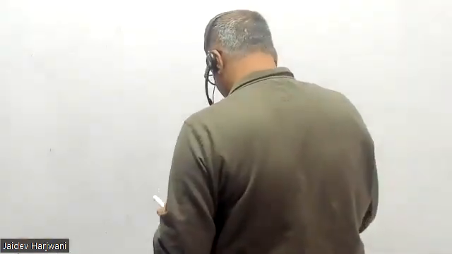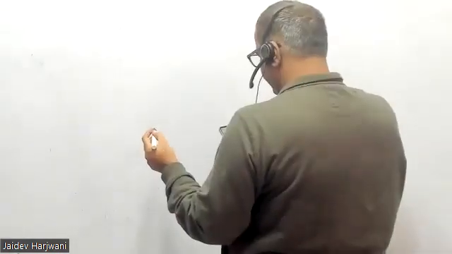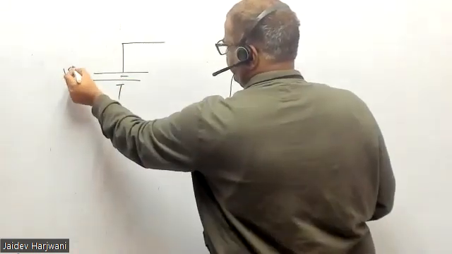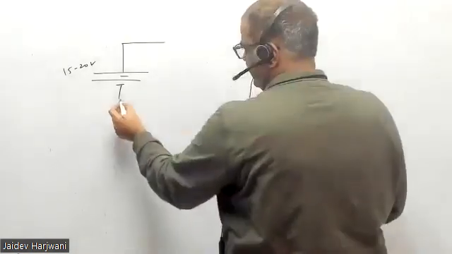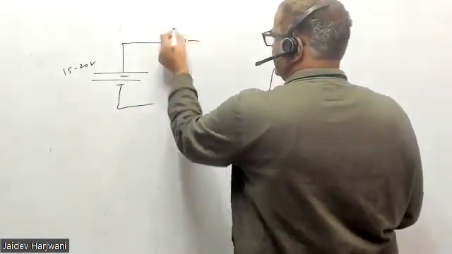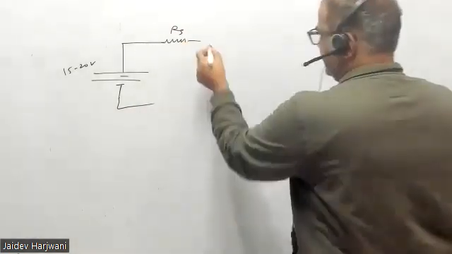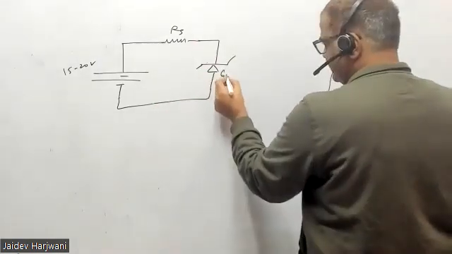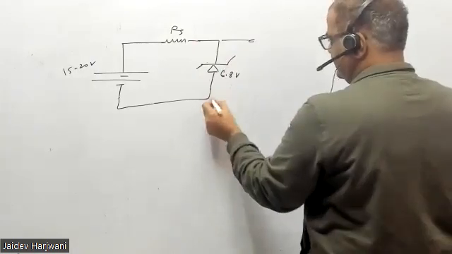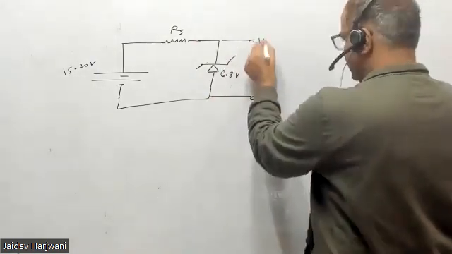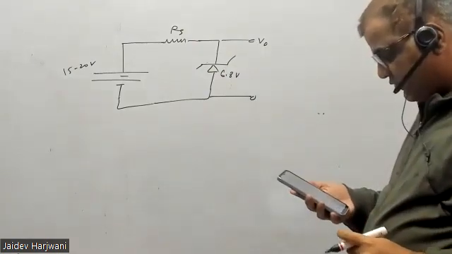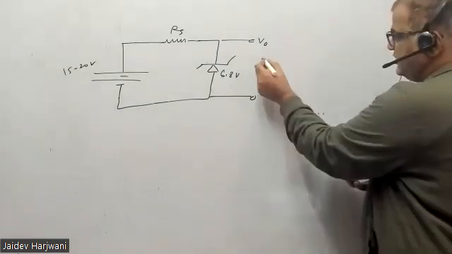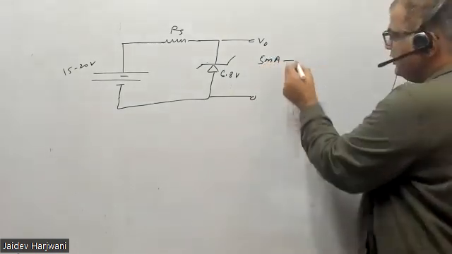So the next question says a Zener regulator has input voltage in the range 15 to 20 volts. Again you have a Zener, with 15 to 20 volts, and you are given a resistance RS and a Zener which has 6.8 volt, and V naught is asked. The Zener regulator has an input voltage range and load current in the range of 5 milliampere to 20 milliampere.